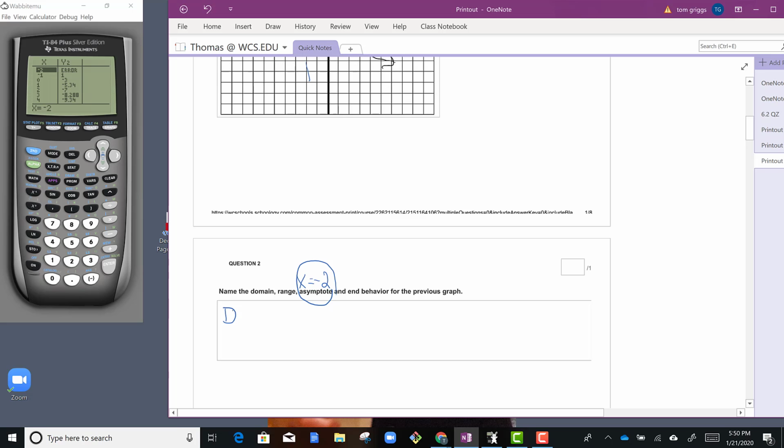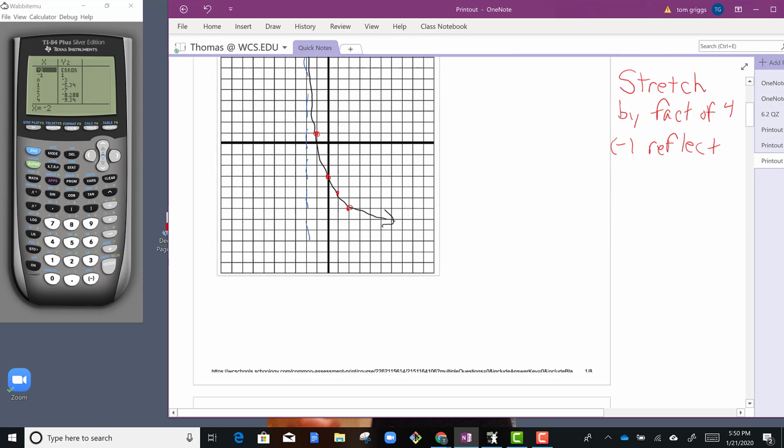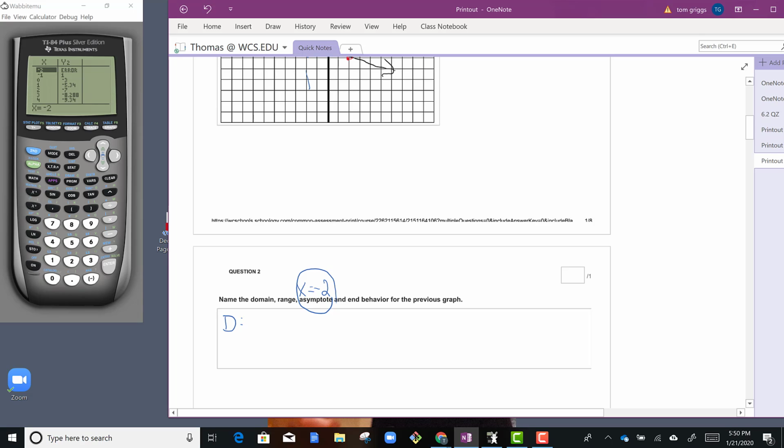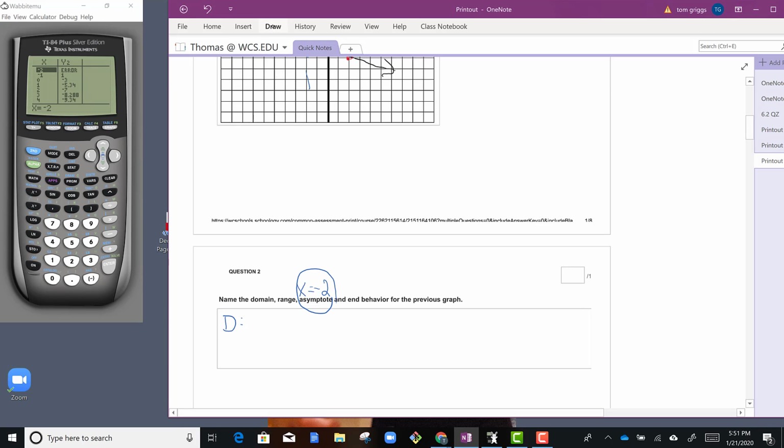The domain for this graph, remember that's how far left and right the graph is going. It is going left. It stops going left at x equals -2. That should be a parenthesis around -2.